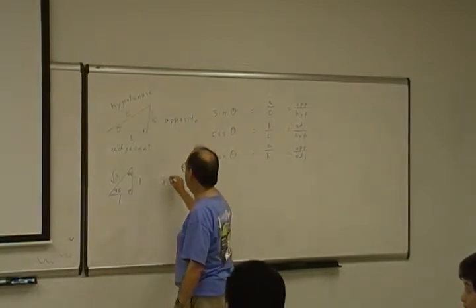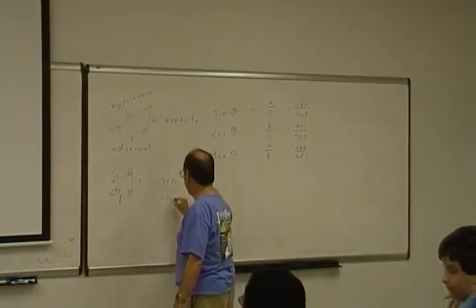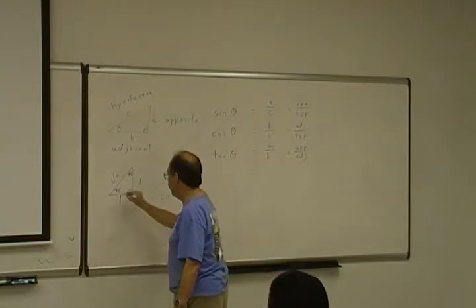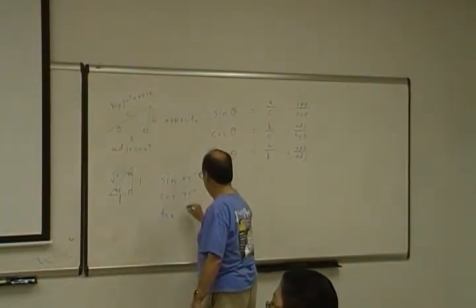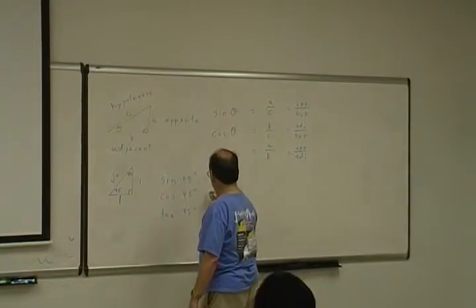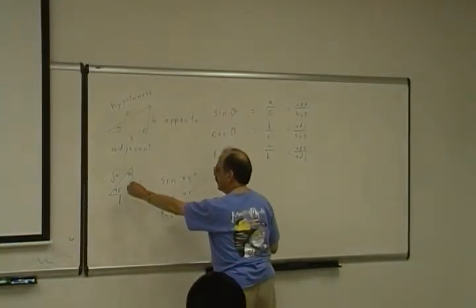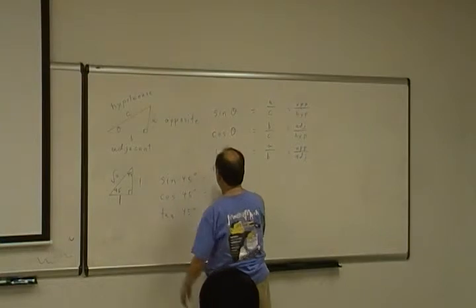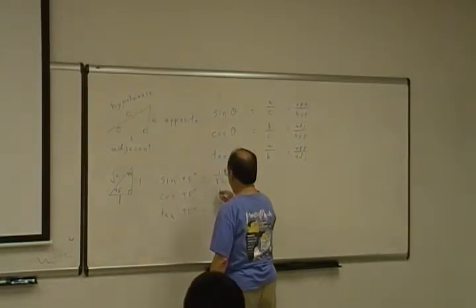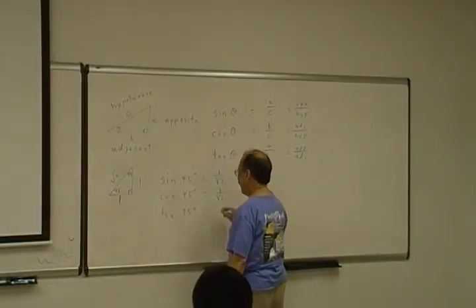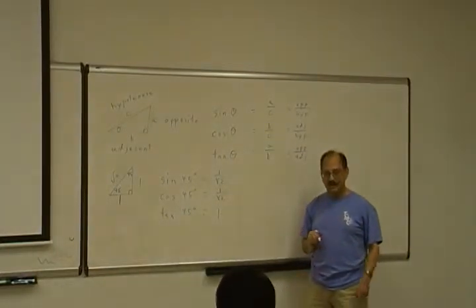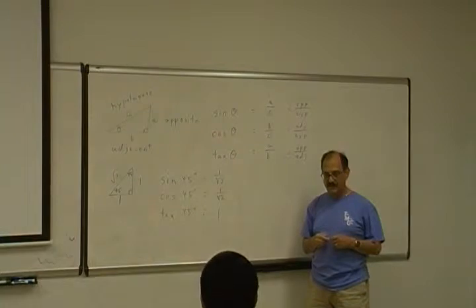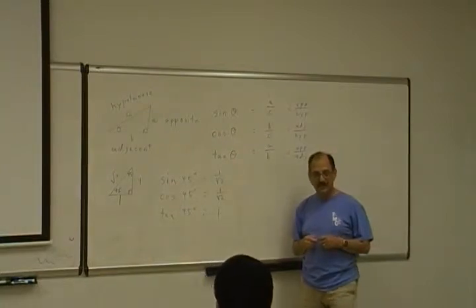Okay, so we can get the sine, the cosine, and the tangent of 45 degrees. The sine of this 45 is 1 over the square root of 2, the cosine is 1 over the square root of 2, and the tangent is 1. Okay? Everybody got that? Okay.